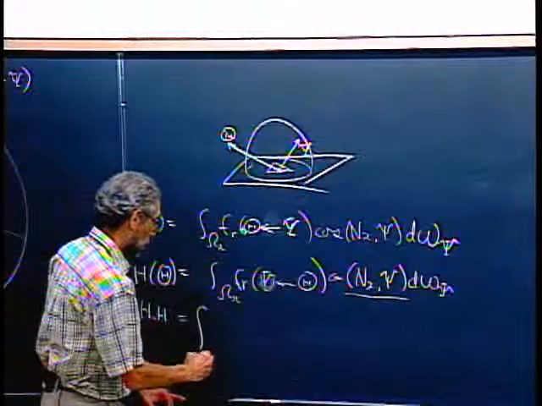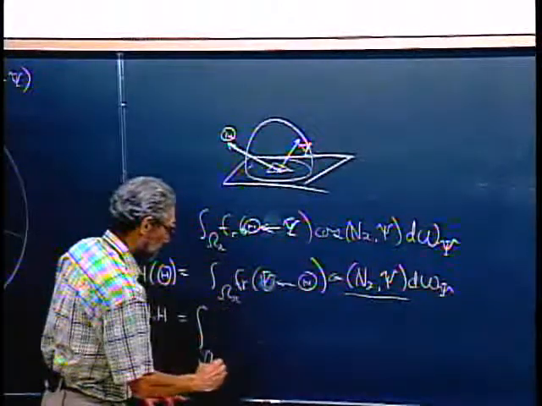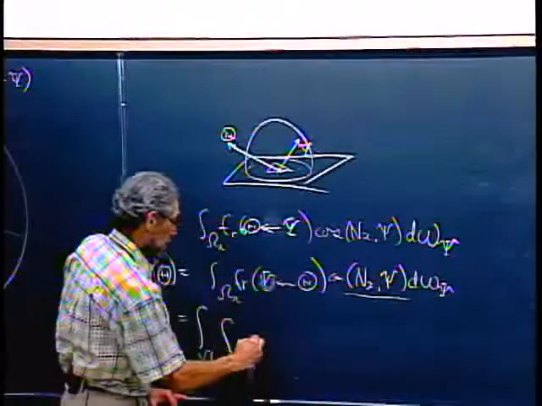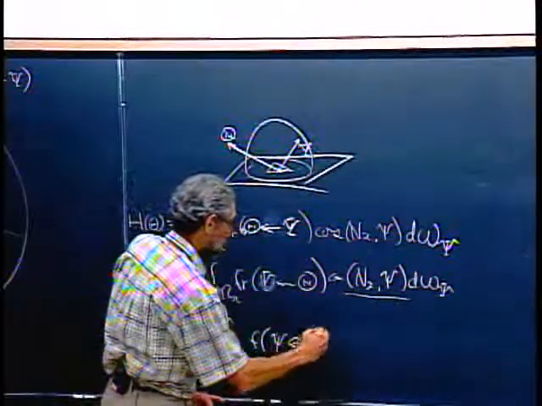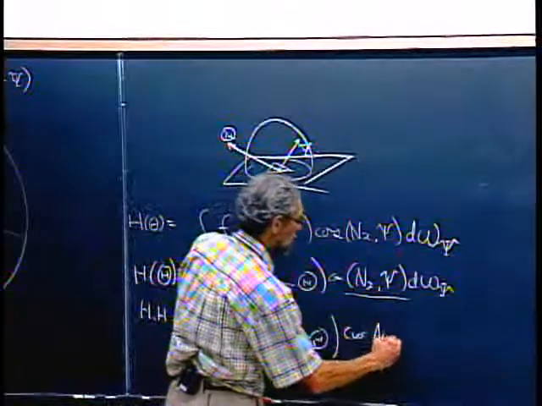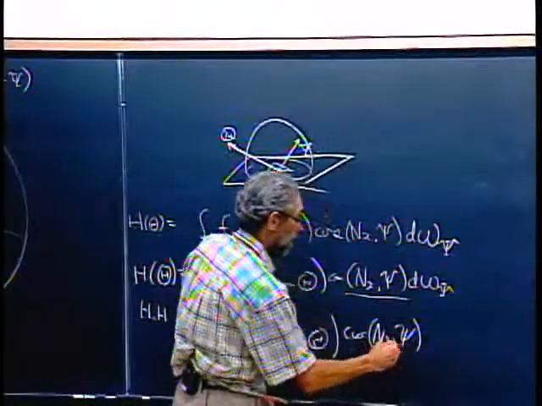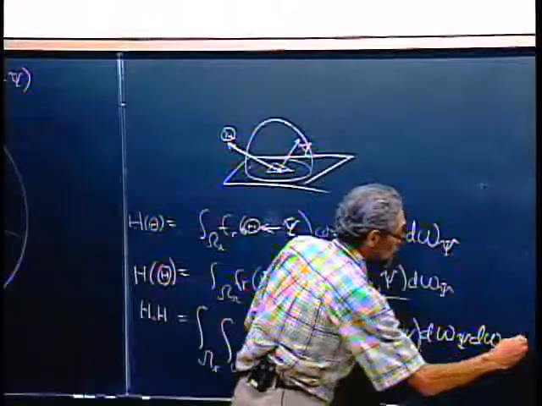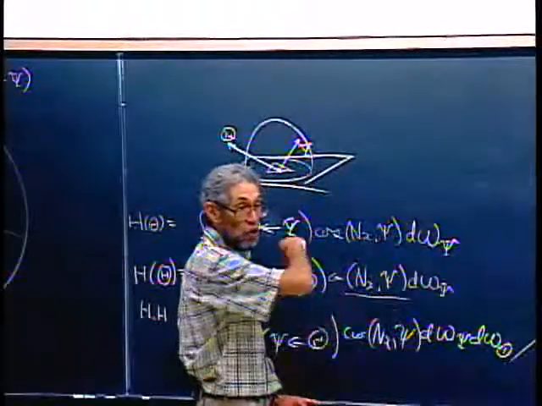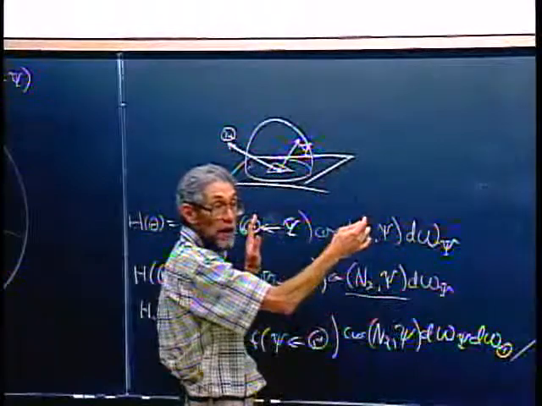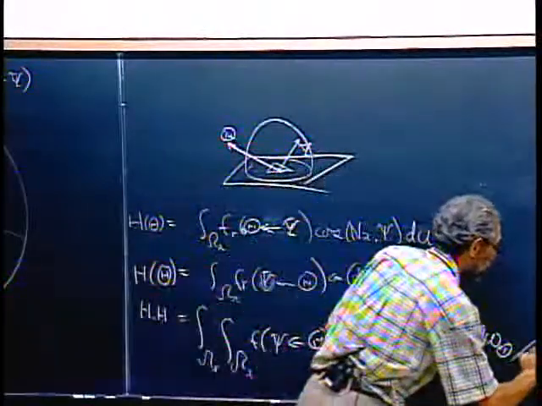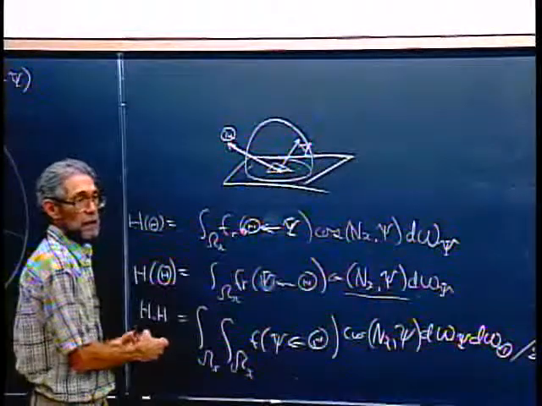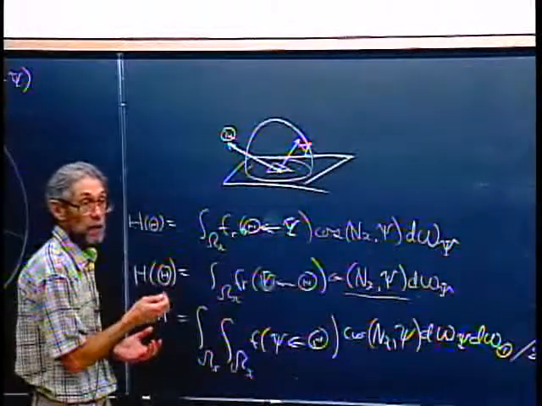That would be the integral over omega, 2 hemispheres, of this quantity times cosine nx psi, d omega for psi and d omega for theta, and then divide. If you want the average, you have to divide by the surface area that you're integrating over, which for the upper hemisphere would be 2 pi. So now I've taken this quantity and averaged it over all theta. So maybe this is now a number. It depends only on the surface property.